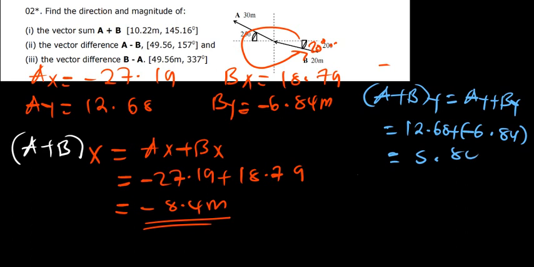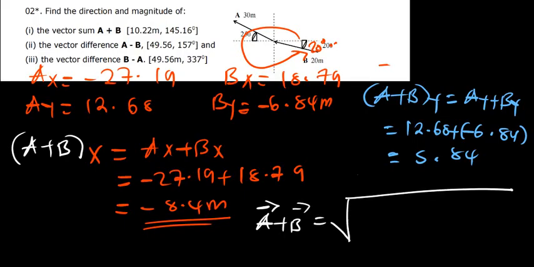5.84, like that. Now to get the magnitude of A plus B, you put the arrows on top, and it is going to be equal to the square root of this component and that component.